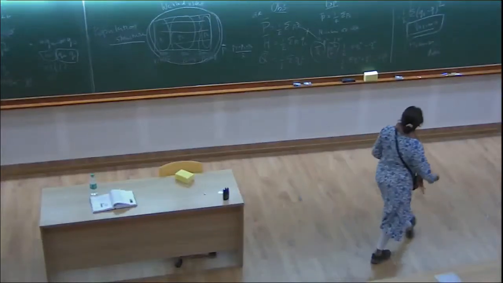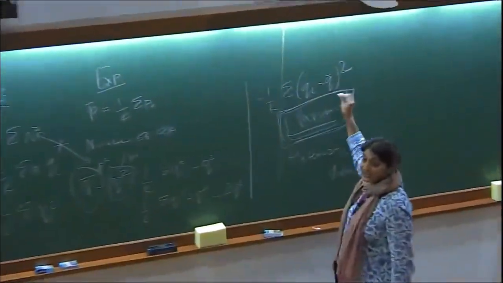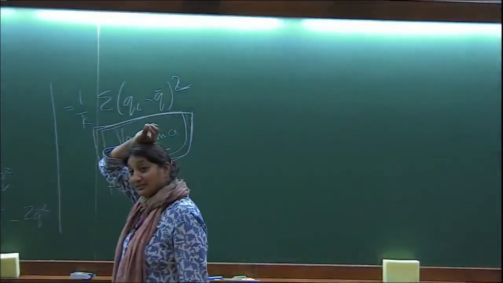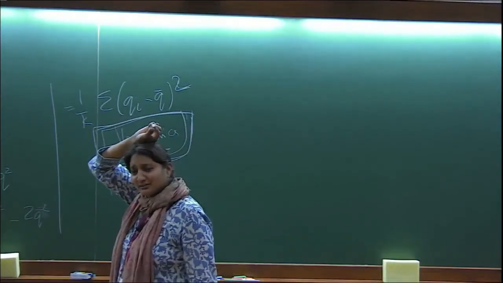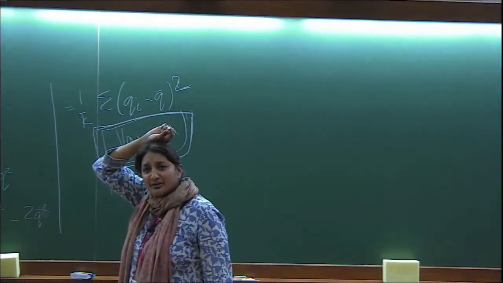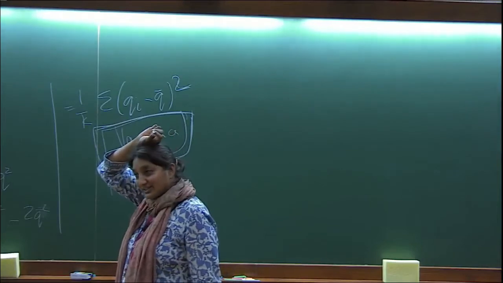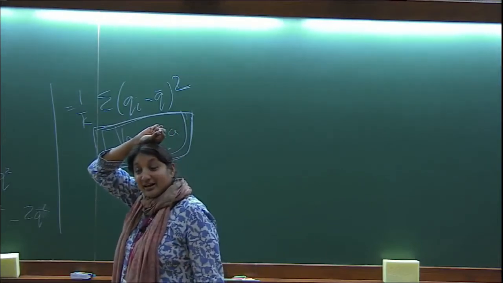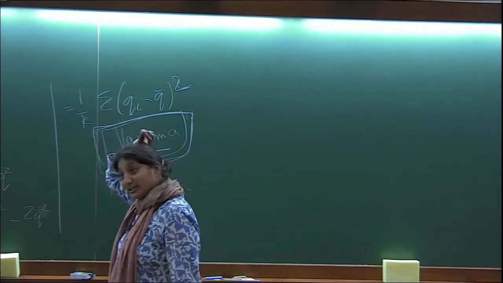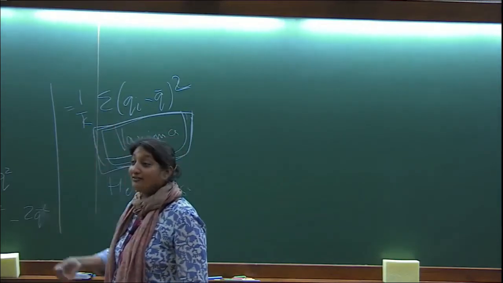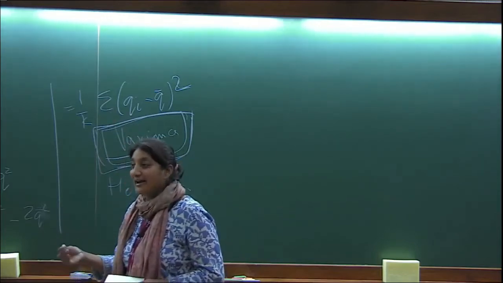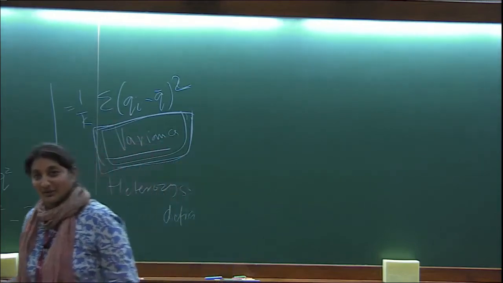So basically, if you have a high variance in allele frequencies, that is, if the P's in the different populations are very different from each other, you will expect to have less heterozygosity, right? If the allele frequencies are very similar to each other, you'll expect not as bad a heterozygote deficit, okay?